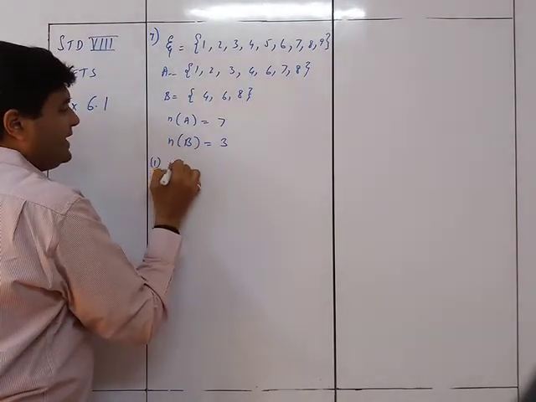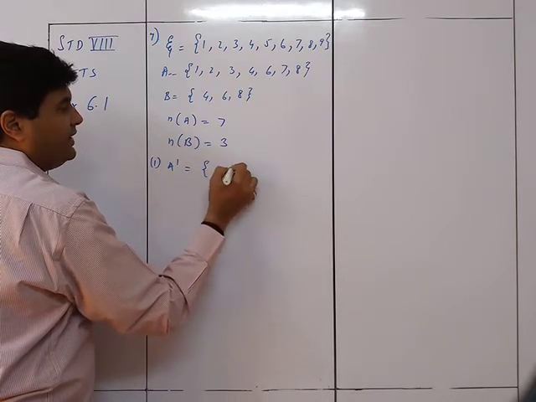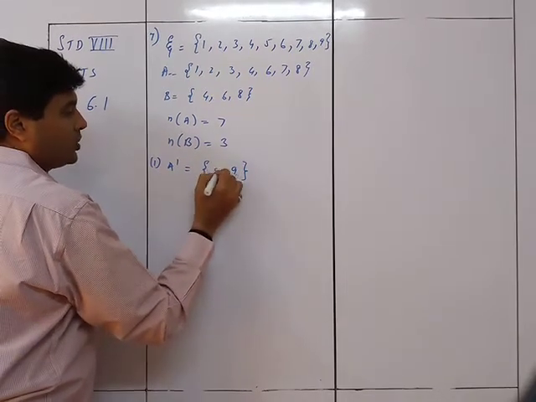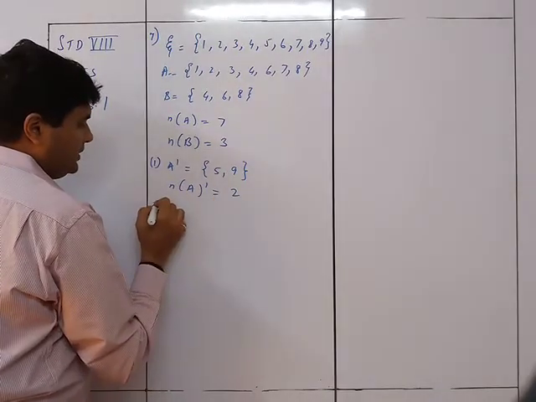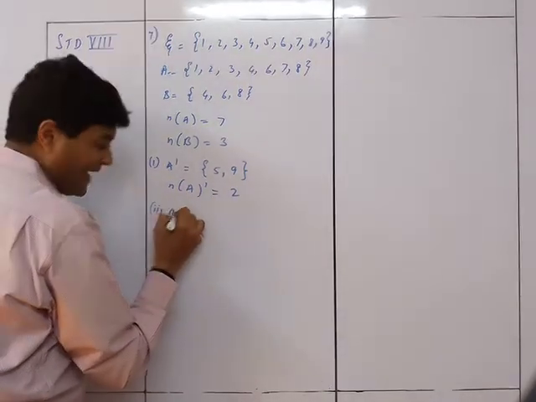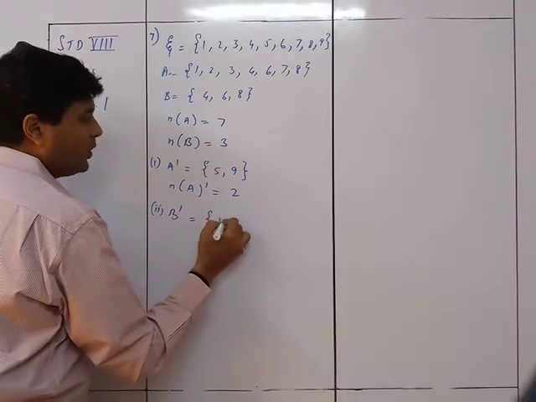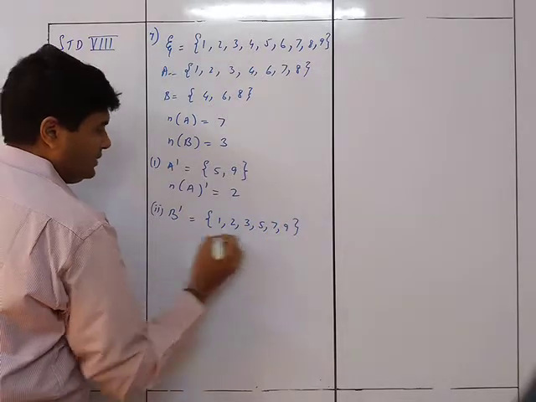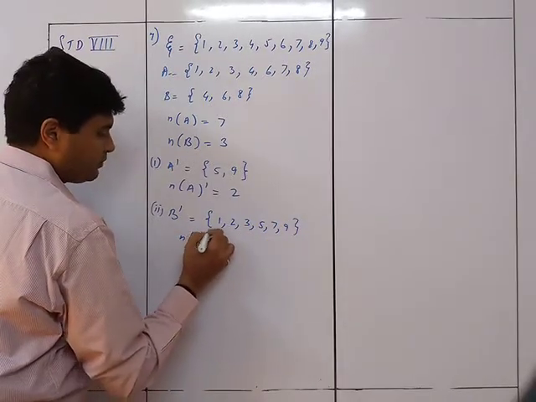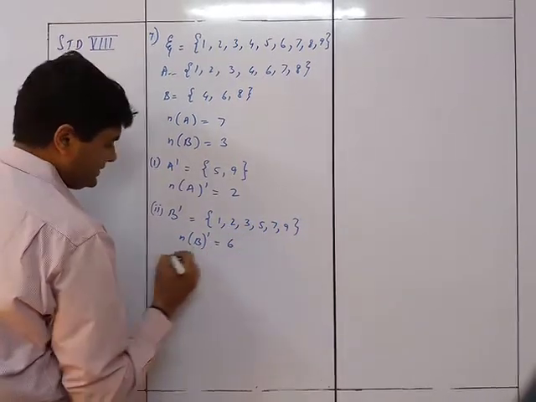Then A dash is 5 and 9, so n(A dash) is equal to 2. The second one is B dash, which is going to be 1, 2, 3, 5, 7, 9, so n(B dash) is going to be 6.